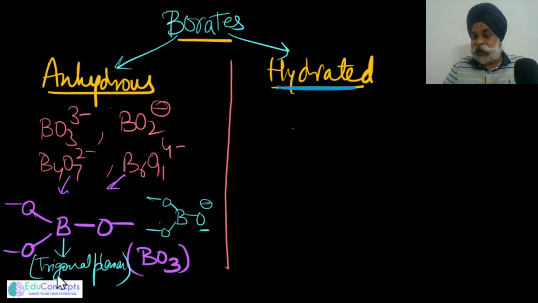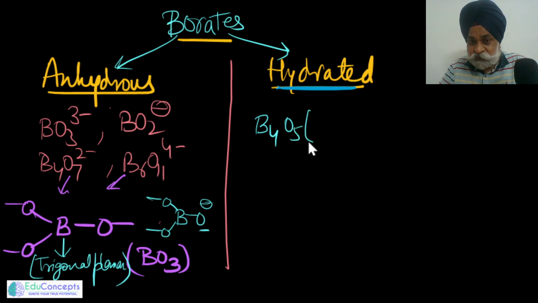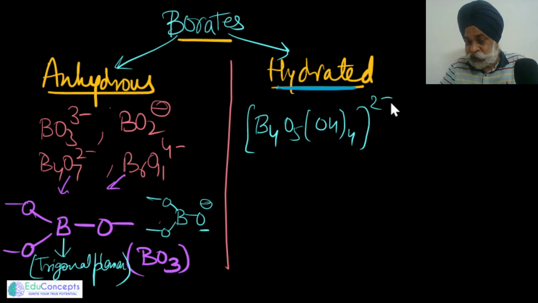When I talk of hydrated borates, just like if I write B4O5(OH)4, this is the hydrated anion of borax itself, and it is 2 negative.